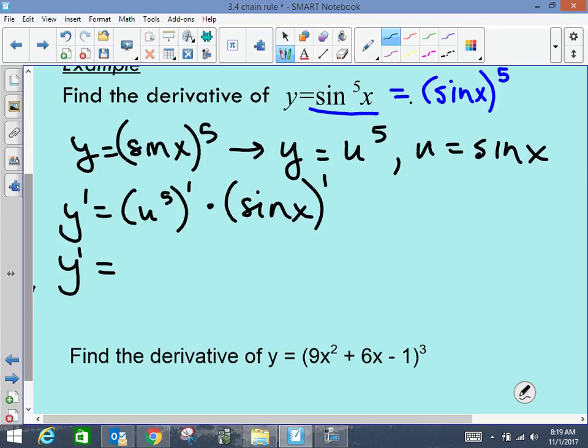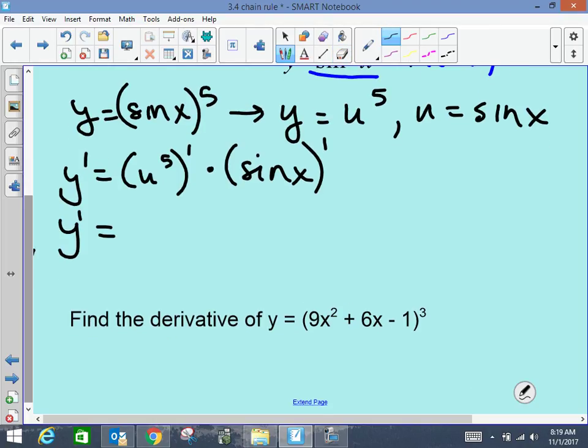What's the derivative of u to the 5th? Very good. And what's the derivative of sine of x? Good job. All right, what do we have to do yet? I have a u. Okay, remember u is sine of x, so we put it back in here.